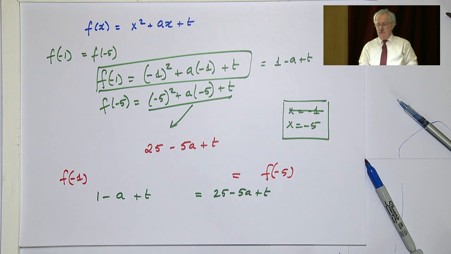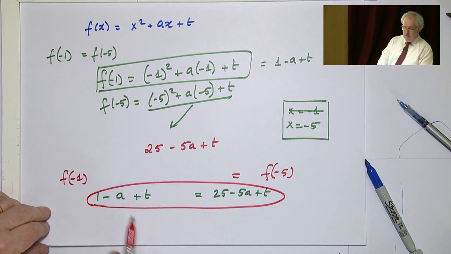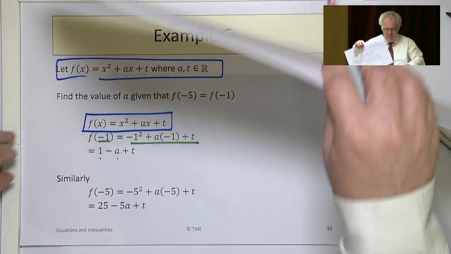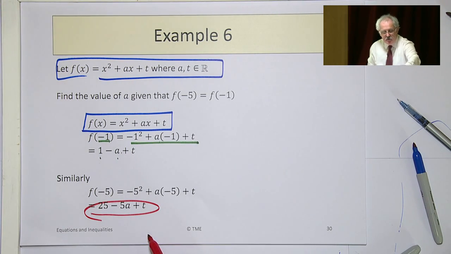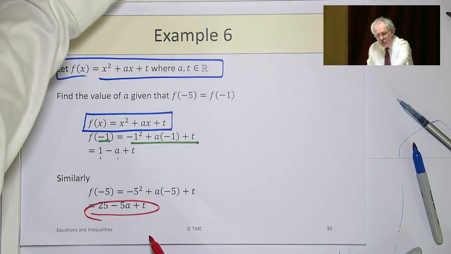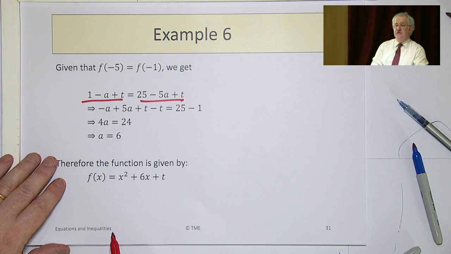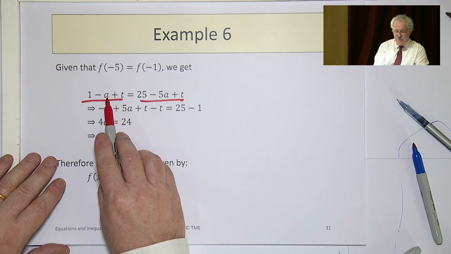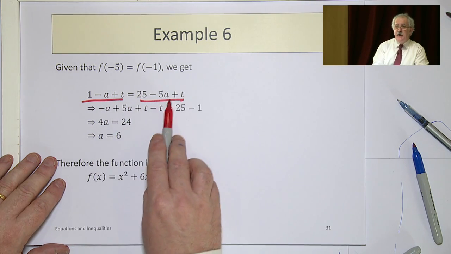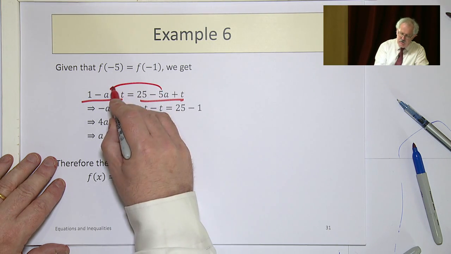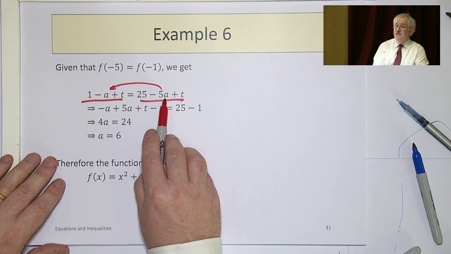Is that okay? So now I'm into a different part, in algebra, and I've got to solve those. If they're equal, I just do algebra. I have a minus a on this side, and a minus 5a on that side. I'm going to bring the a's over, and when I bring it over it becomes plus 5a, because plus 5a would get rid of it on this side.